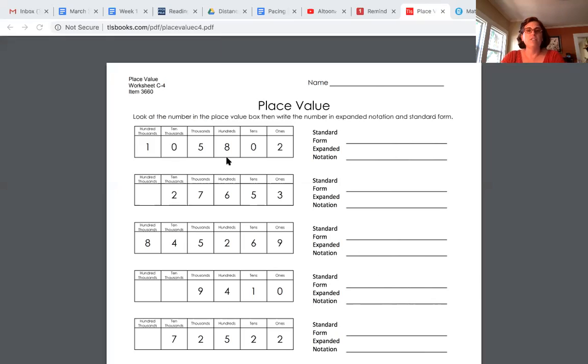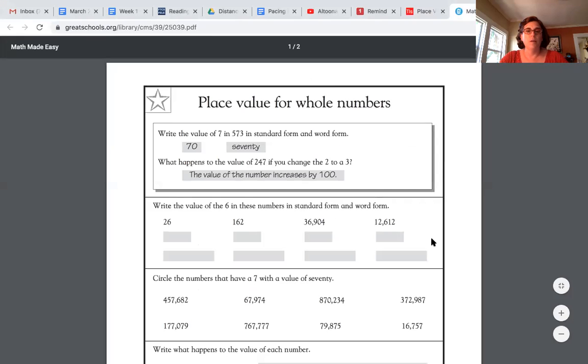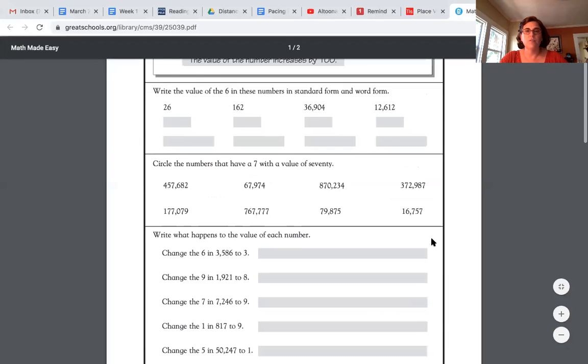And if I were to ask you for this top number, what the value of the digit 5 is, your answer would be, yes, 5,000. The digit is 5, but the value of that digit is 5,000. So let's take a look at the next part of your place value worksheet.